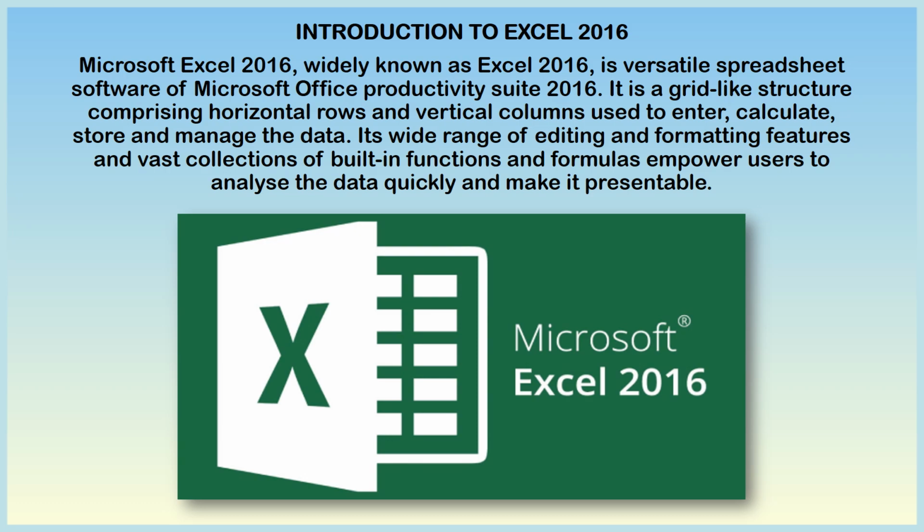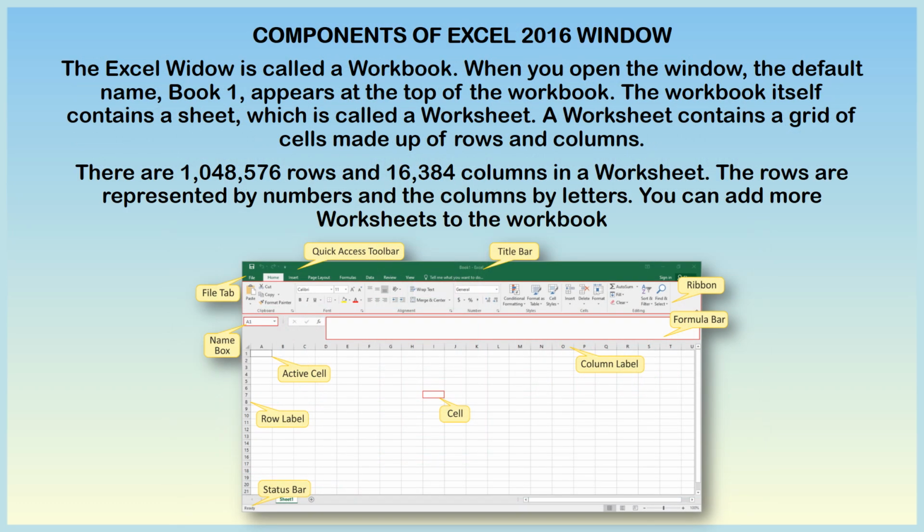Components of Excel 2016 window. The Excel window is called a workbook. When you open the window, the default name, Book 1, appears at the top of the workbook. The workbook itself contains a sheet, which is called a worksheet.